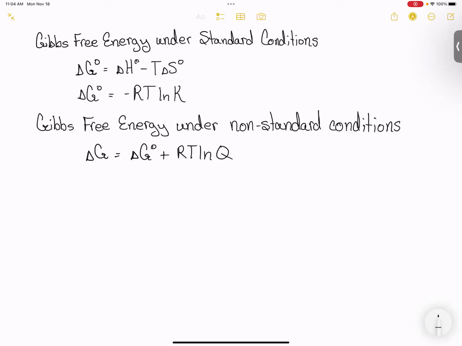Q is calculated the exact same way that K is calculated. It's just Q is assuming that the reaction is not at equilibrium, whereas K means it's at equilibrium.